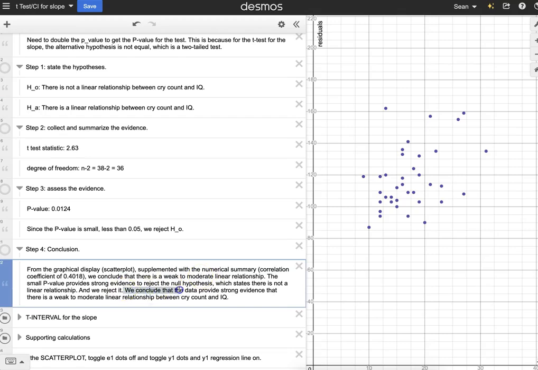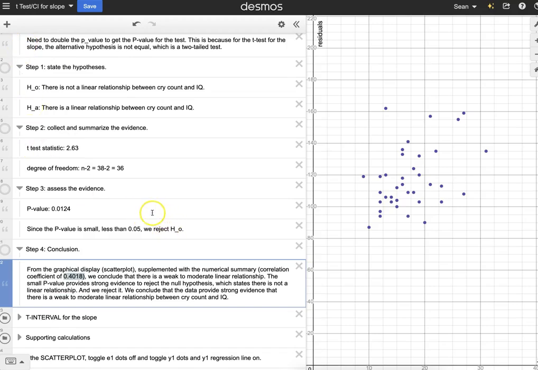We conclude that the data provides strong evidence that there is a weak to moderate linear relationship between cry count and IQ. Strong evidence because the p-value is small. Weak to moderate linear relationship because the correlation coefficient is only 0.4018.